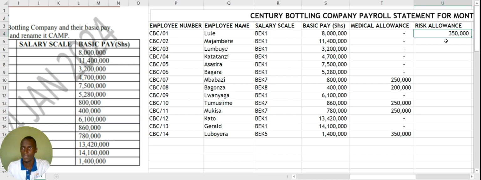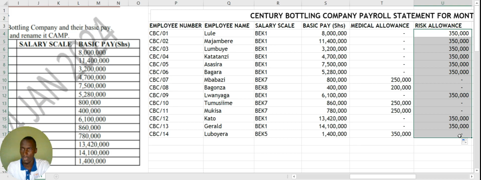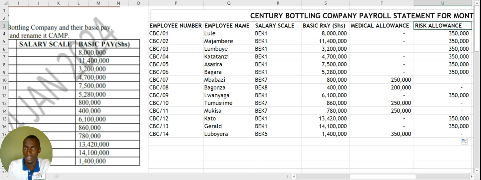So BEK1 they receive 350,000. BEK2 they receive how much? So you see, when it comes to the risky allowance, we have those that fall in the salary scale of BEK1, and you see their risk allowance is 350,000.